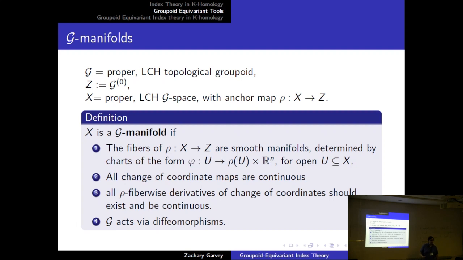Okay, so that's what proper means in this situation. I just didn't define it in the slides, so I figured I'd write it down. Okay, so we're going to be assuming this throughout. It's actually a pretty restrictive condition, so keep that in mind.